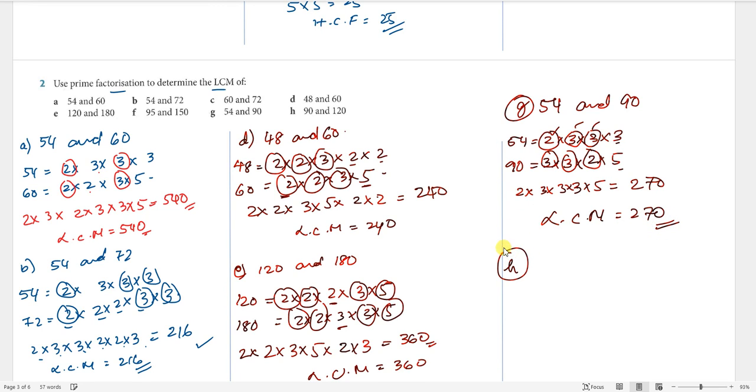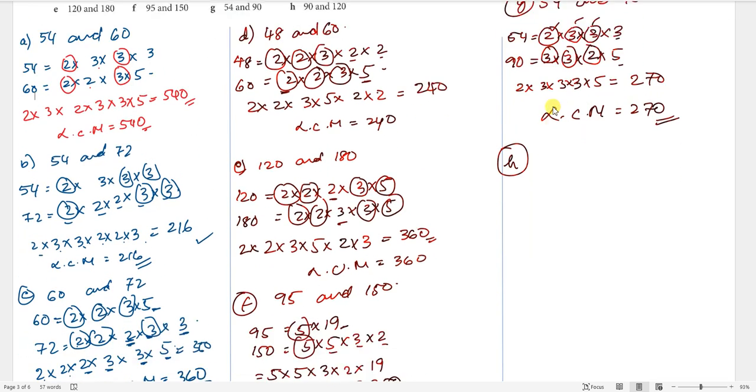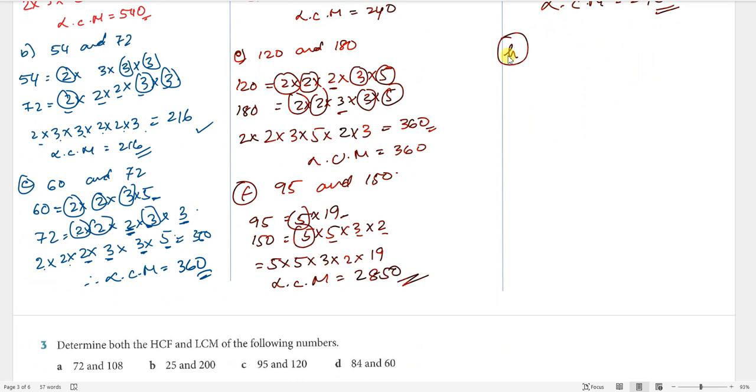Okay, to our final question, H. H is 90 and 120. So we write 90 and 120. So 90 is equal to 2 times 3 times 3 times 5, and 120 is equal to 2 times 2 times 2 times 3 times 5.